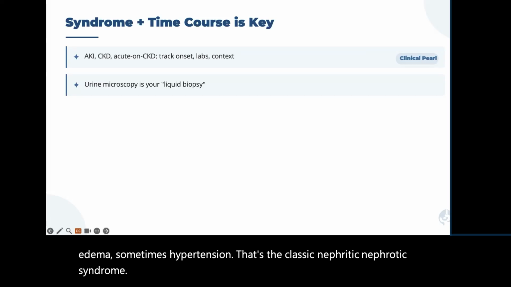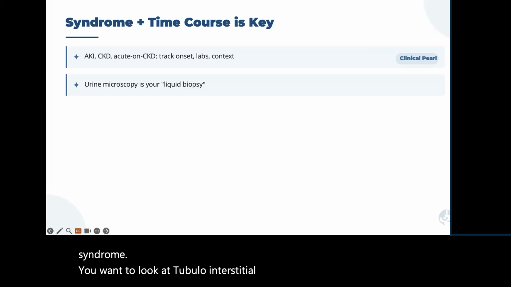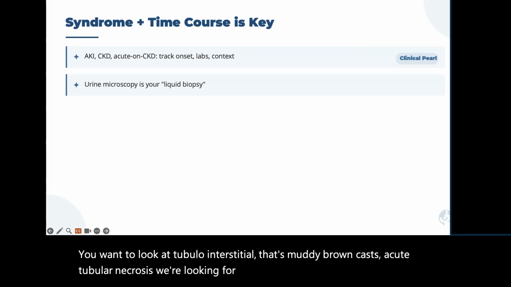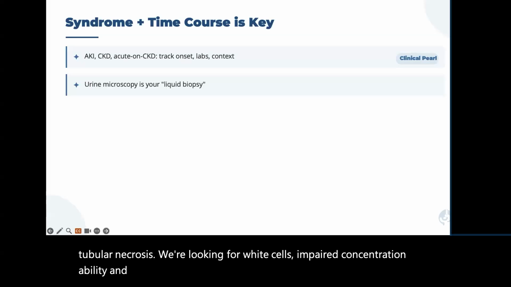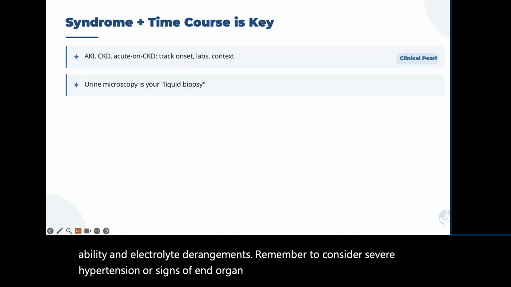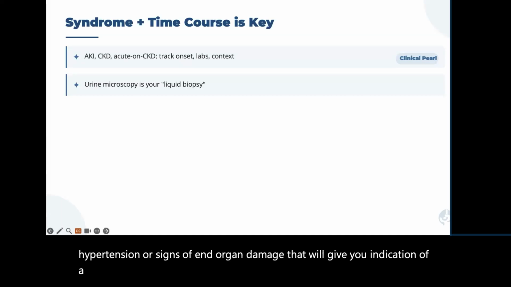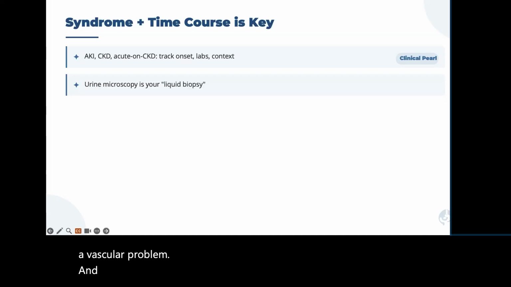You want to look at tubulo-interstitial, that's muddy brown casts, acute tubular necrosis. We're looking for white cells, impaired concentration ability, and electrolyte derangements. Remember to consider severe hypertension or signs of end organ damage. That will give you indication of a vascular problem. And don't forget about the urine microscopy.